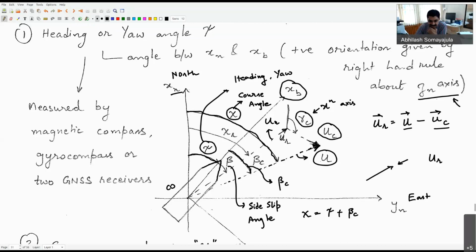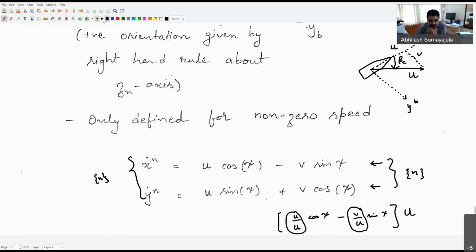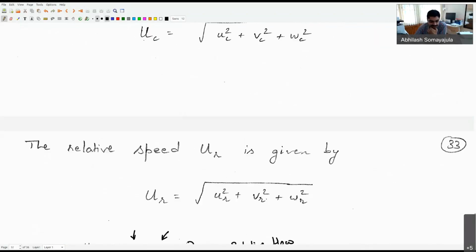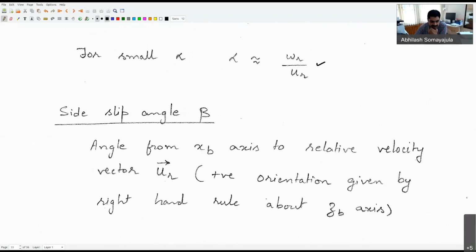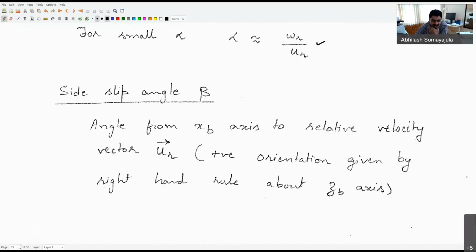That is why you will see that this angle is also clockwise in nature. That is called the side slip angle, or sometimes this is also known as the drift angle.